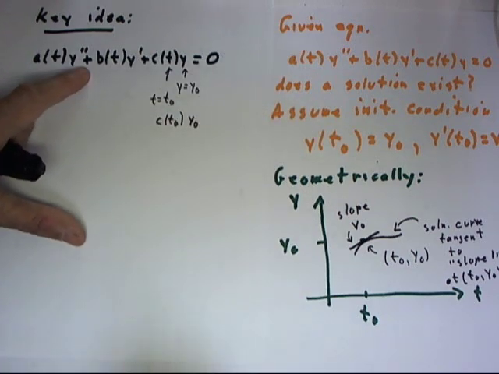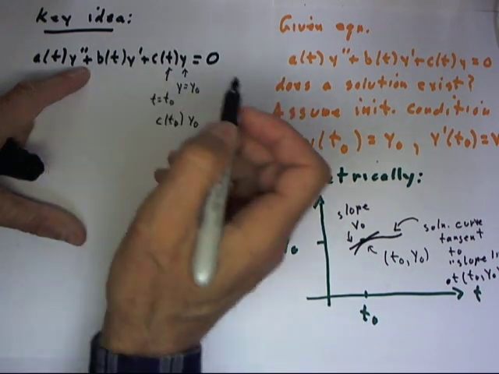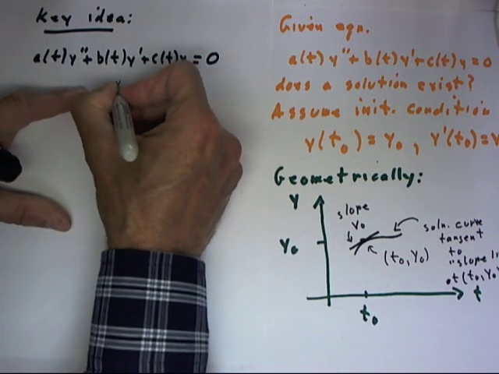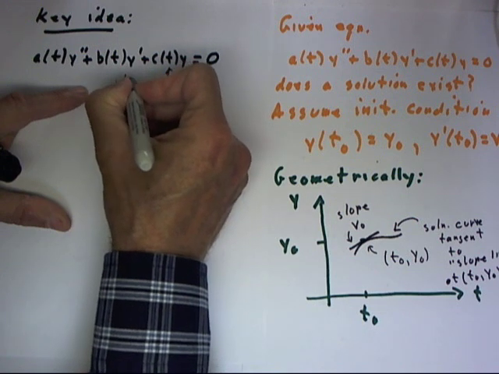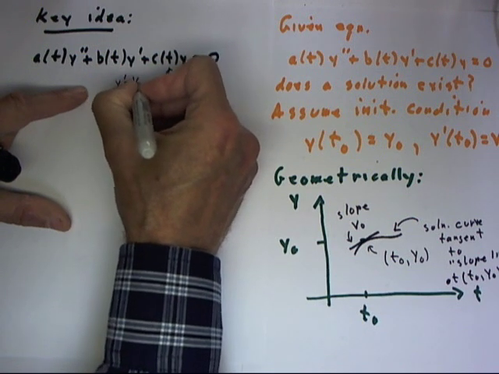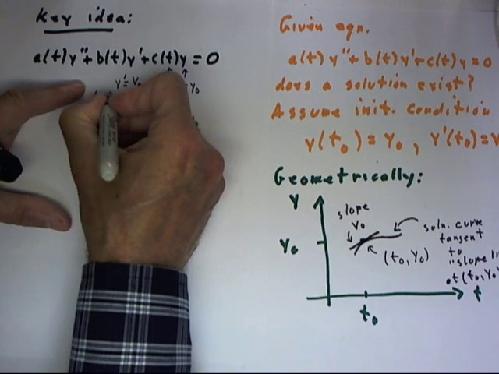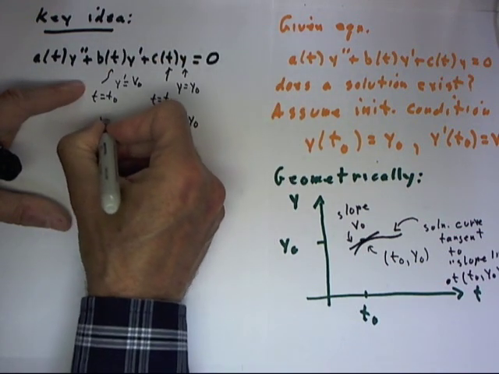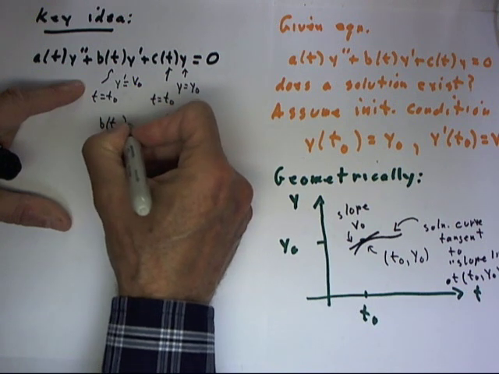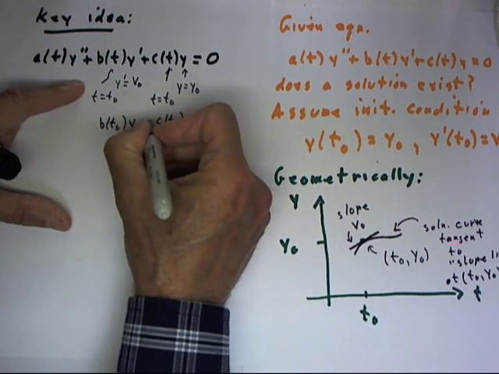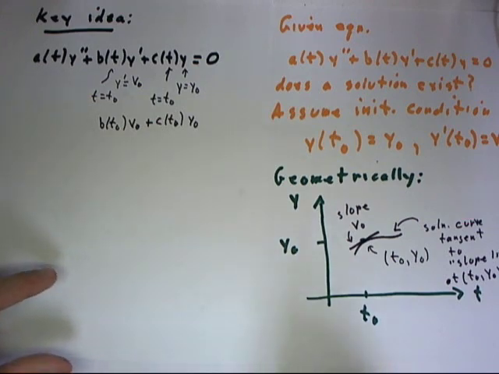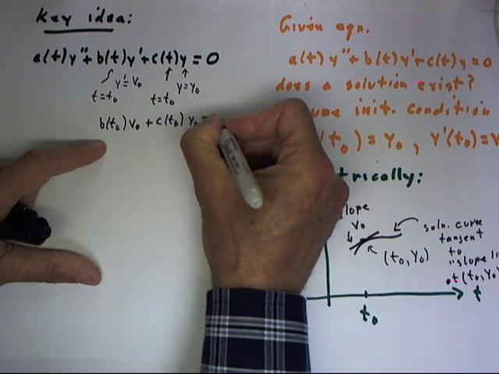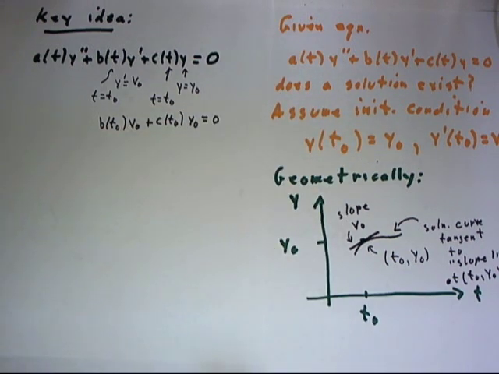Now what do we know about this term? Again, we know that t equals t naught. And what's y prime? Y prime equals v naught. Again, t equals t naught. So this term gives us b of t naught v naught. Now we can see that we're building up the terms of this equation, so let's go ahead and put the equals 0 here.